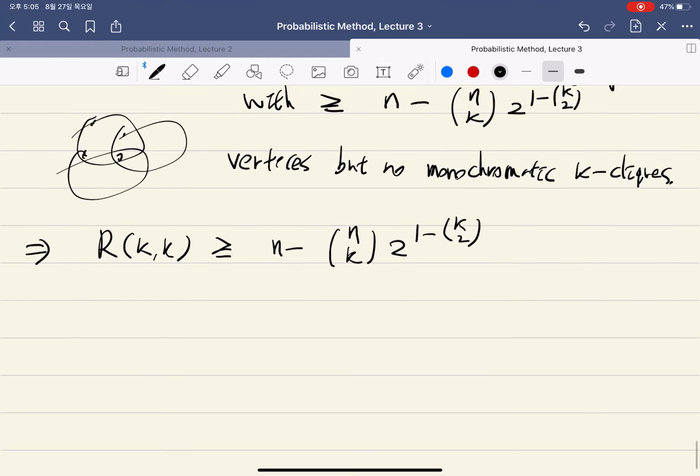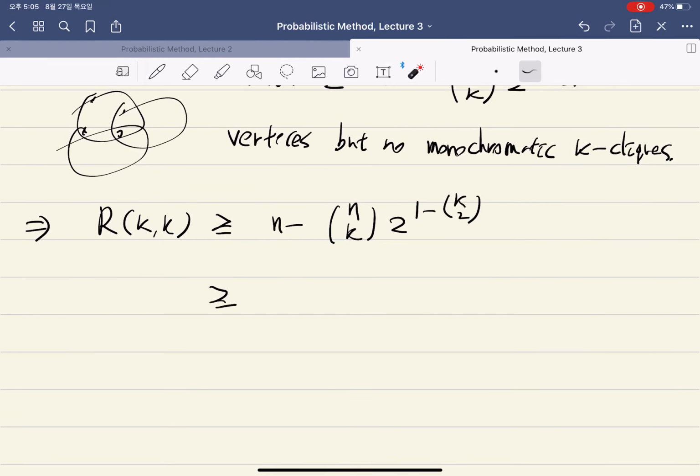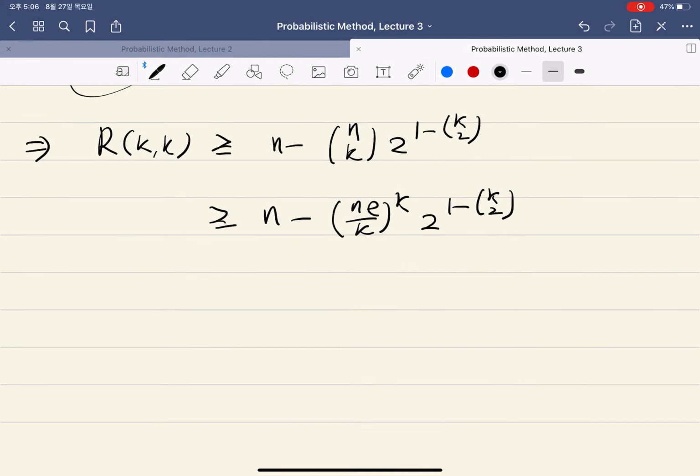So this holds, and as this is a bit inconvenient to deal with, we just take a lower one which is easier to deal with. Because of this, the binomial coefficient is actually this. And what do we want to do? We want to choose n to maximize this bound.